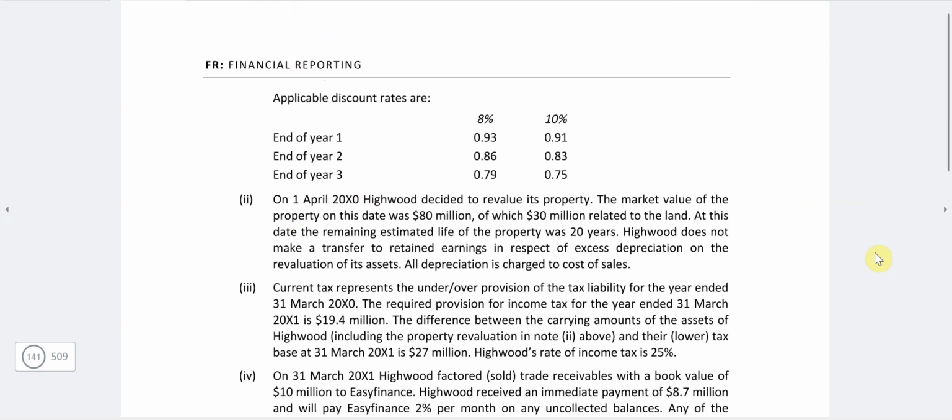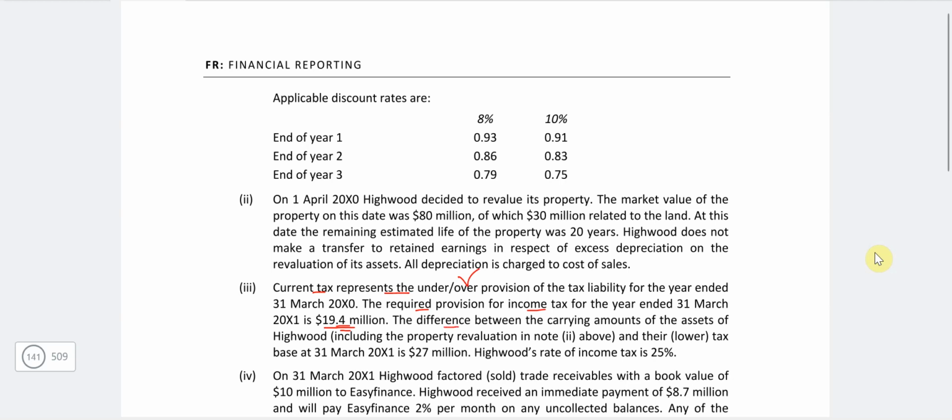So note number 3 says the current tax represents the under or over provision. Now we know this is an over provision because it's on the credit side. The required provision for income tax is 19.4 million. So again, it's the current liability being given, the current year tax estimate.